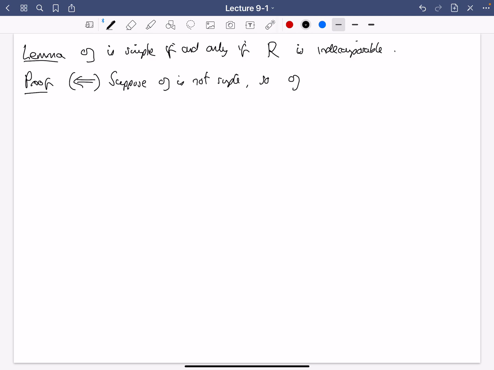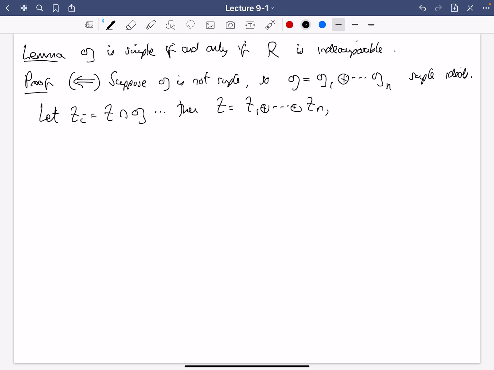So you can decompose G into several simple ideals. And then all you have to do is you let Ti be the maximal toral subalgebra of T intersected with Gi. Then T is the direct sum of those, and Ti is maximal toral in Gi.